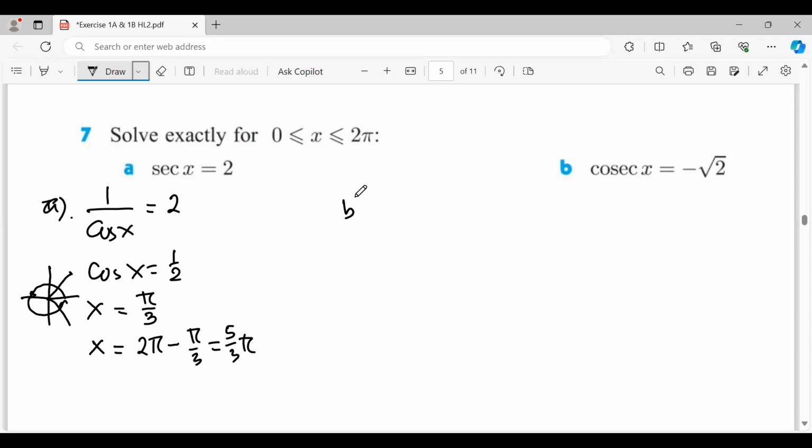Now B. Cosecant x equals negative root 2. Cosecant means 1 over sine x.